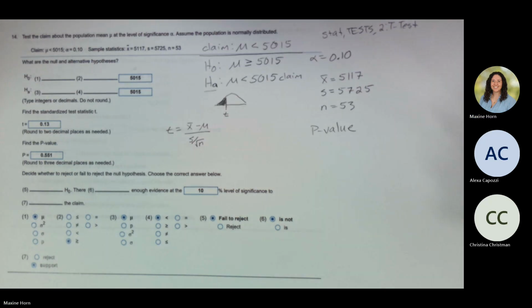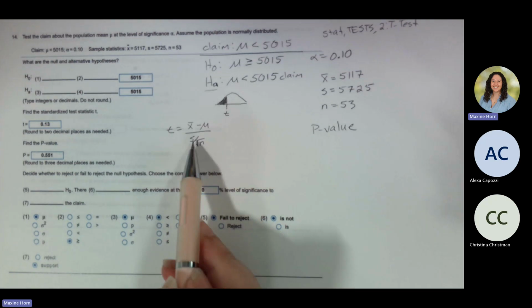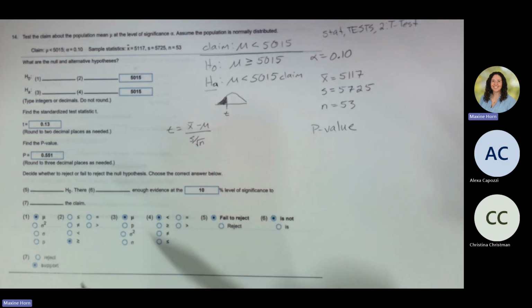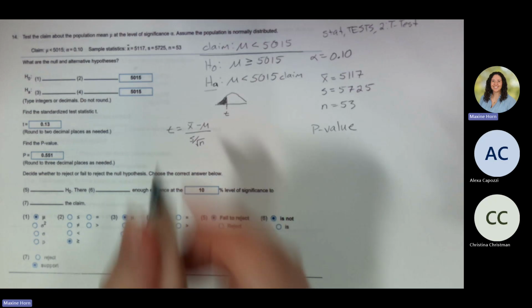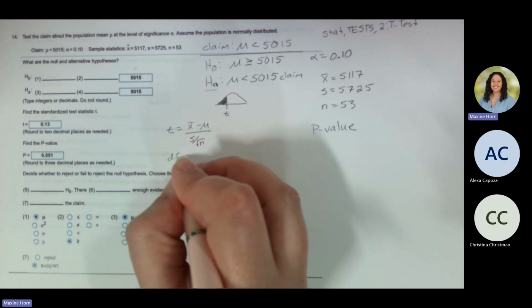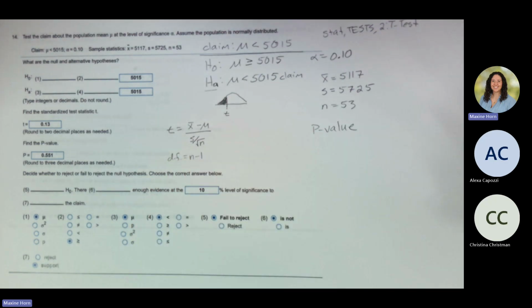So almost exactly the same, except instead of the population standard deviation, you use your sample standard deviation. And then also you have to remember that when you go to look that up in the back of the book, that you have to take in mind your degrees of freedom is n-1, right? Okay, but we're not going to do it by hand, are we? We're going to do it in the calculator because it's much easier to do it that way.